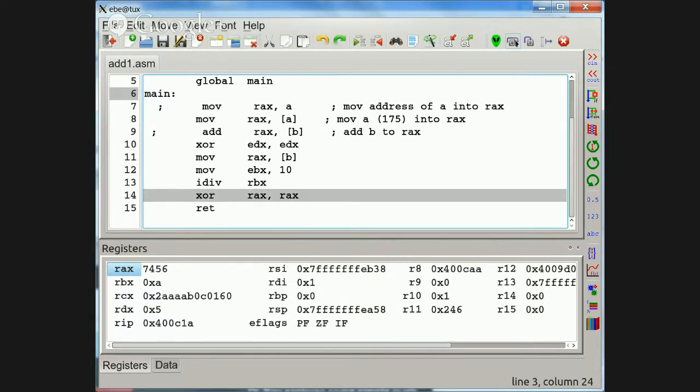So you can see we divide it by 10, we get 7456. And when we did the division, we got the quotient in register RAX and the remainder in register RDX, right? So if you do a division, you get both results. You don't normally use them both, but if you're in assembly language, you can use them both rather readily.